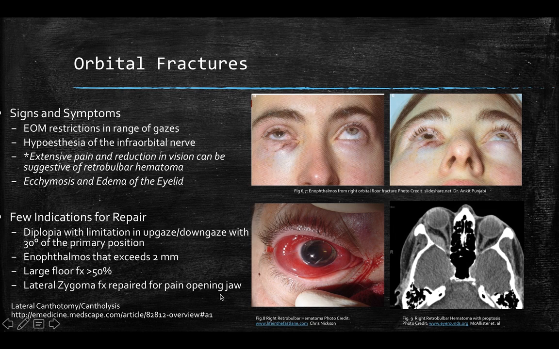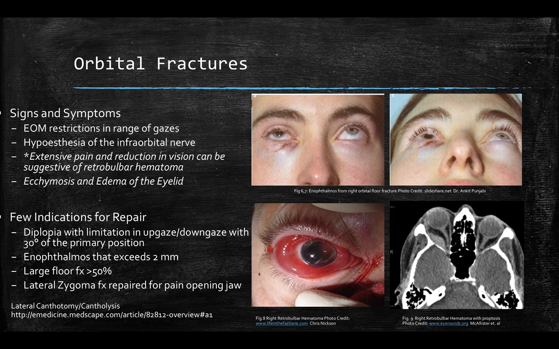It can mean that the patient needs an emergent lateral canthotomy and cantholysis. That is a procedure for when the pressure from the blood within the orbit is causing irreversible damage and squeezing on the optic nerve itself and causing a lot of trouble for the patient.